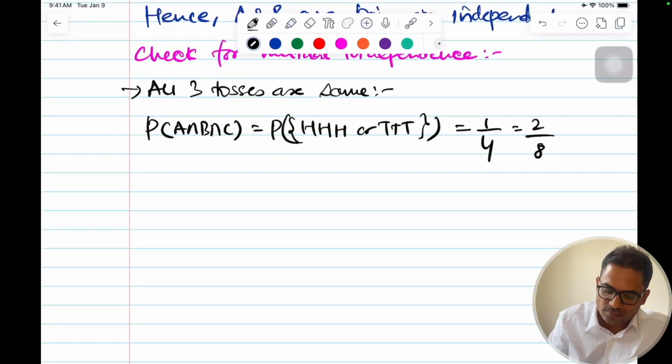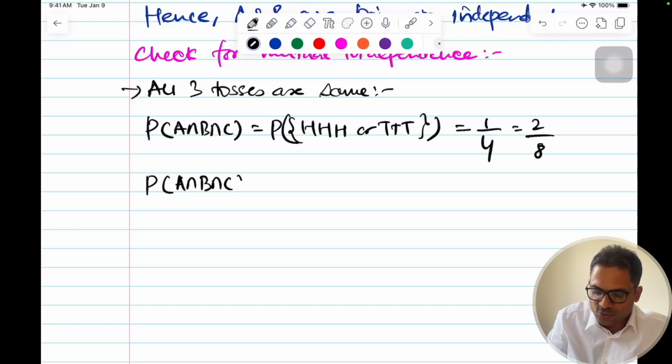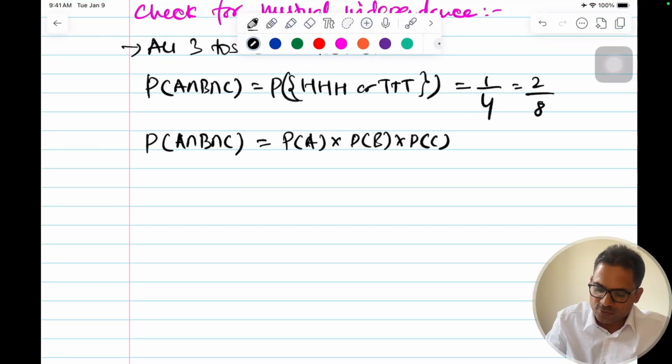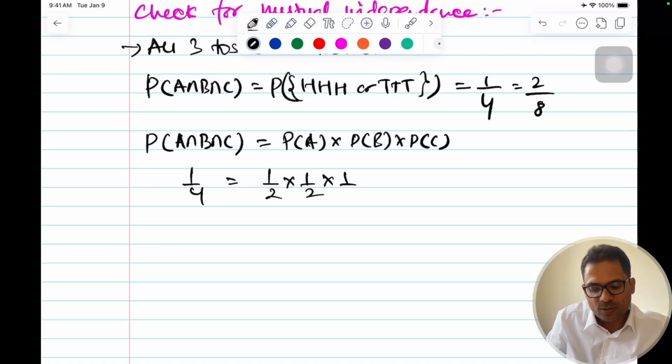According to the definition of mutual independence, this should be equal to P(A) into P(B) into P(C), right? So this side is 1 by 4, but this side is half into half into half, which is equal to 1 by 8.